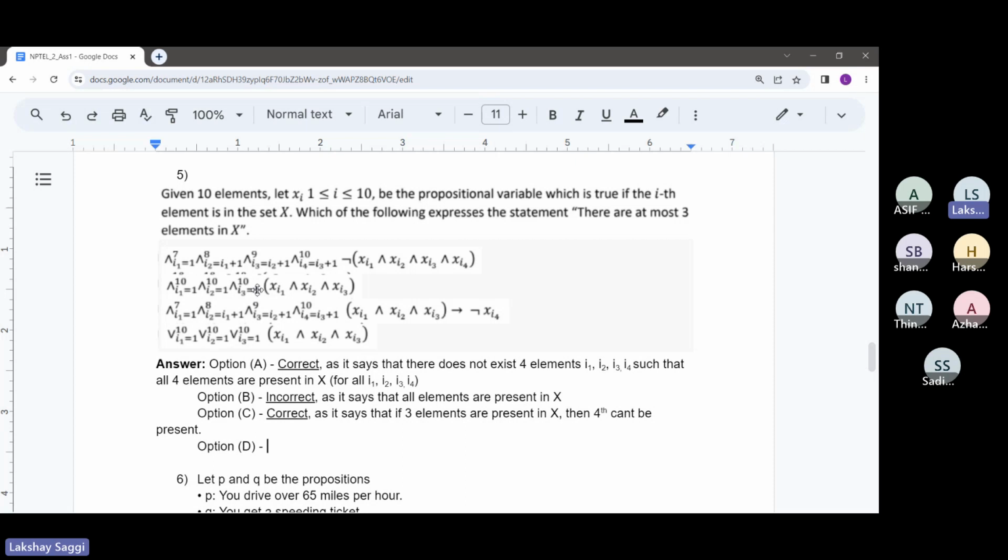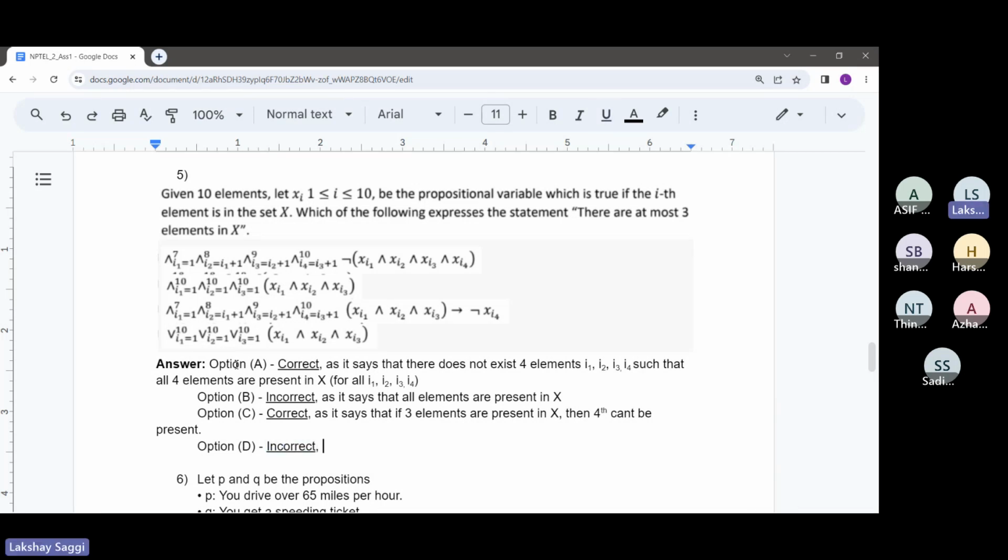Like if x1 to x10, all 10 elements are present, even then this expression will be true, because xi1 and xi2 and xi3 will evaluate to true. So true or anything will be true itself. So it does not mean that there are at most three elements in X. There can be any number. So this is actually incorrect.